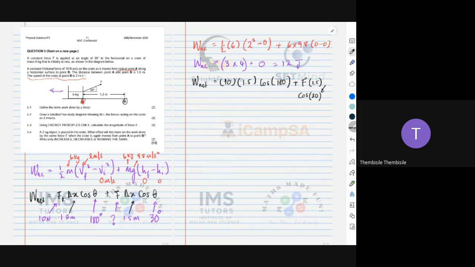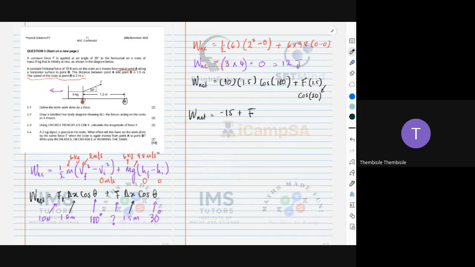So we would have work net equals to, let's punch in the calculator and see, it's gonna be 10 times 1.5, which is minus 15 here, because we're gonna say times cos 180, which is minus 15, then plus f. Then this f is gonna be, say, 1.5 times 0.5 times cos 30.